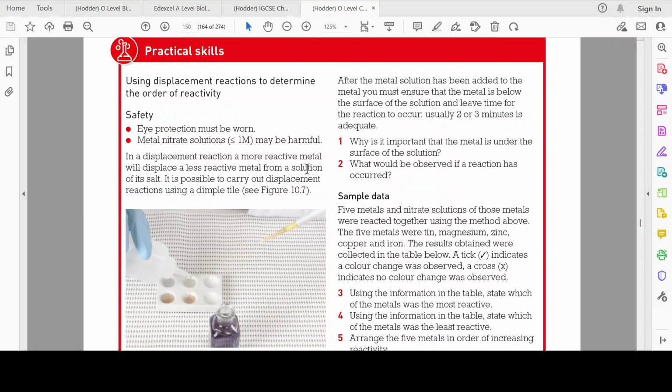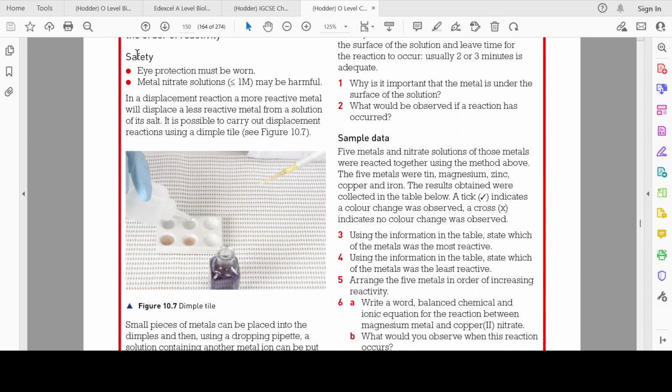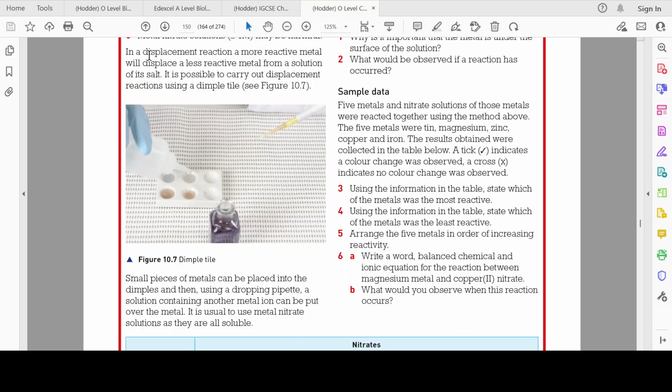Using displacement reactions to determine the order of reactivity. Safety: you need eye protection, and metal nitrate solutions of less than or equal to 1 molar may be harmful. We know that in displacement reactions, a more reactive metal will displace a less reactive metal from a solution of its salt. We just talked about it.